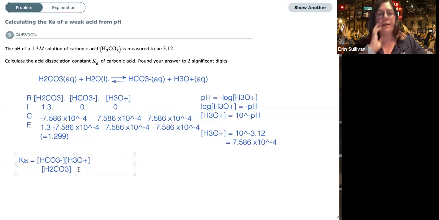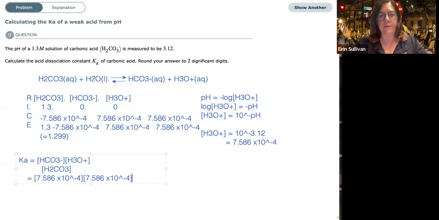Now I can actually substitute in my actual equilibrium concentrations, because I have the numbers. So that's going to be my 7.586 times 10 to the minus 4 times 7.586 times 10 to the minus 4, divided by my equilibrium concentration of carbonic acid, which shook out to be 1.299.